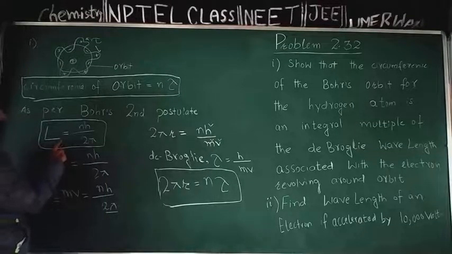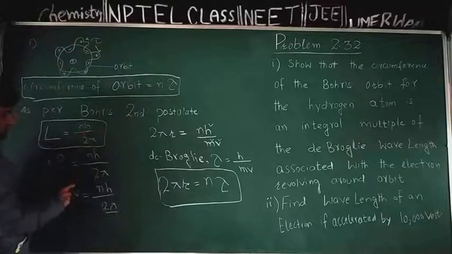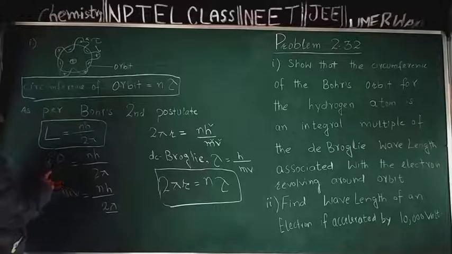And I used this statement of Bohr that angular momentum has fixed or quantized value equal to nh by 2 pi. Then I said angular momentum is equal to product of r and linear momentum.